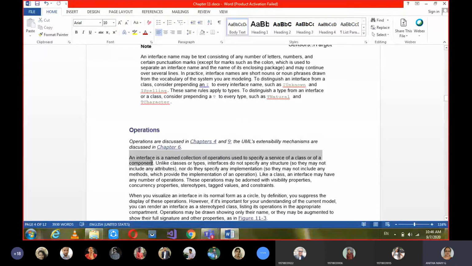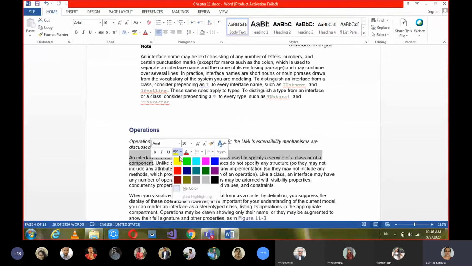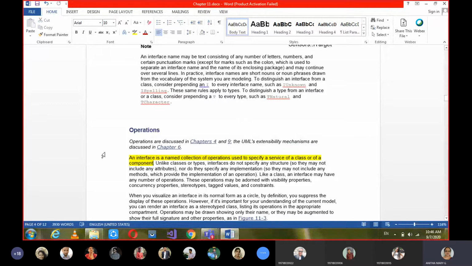In how many different ways can you talk about this point, with all its details and the information we have about it? All that has to be given. An interface does not have attributes. Yes or no? It won't have any attribute. It gives only the operation, or a service as we say.